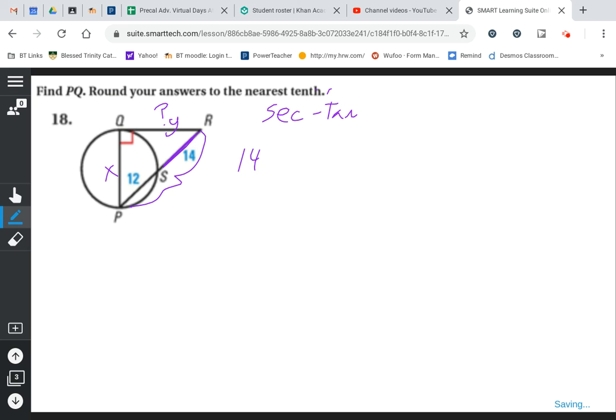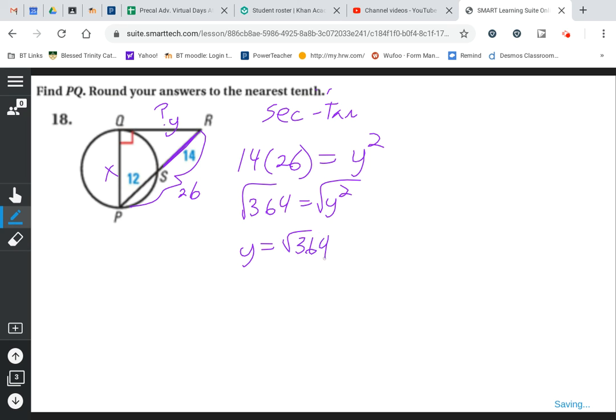So it's going to be 14 times the whole thing, which here would be 26. 26 equals, and we're doing a tangent, so in this case, y squared. So if we do 14 times 26, we end up with 364 equals y squared. So if we solve for y, we're going to take the square root of both sides. So y equals the square root of 364.